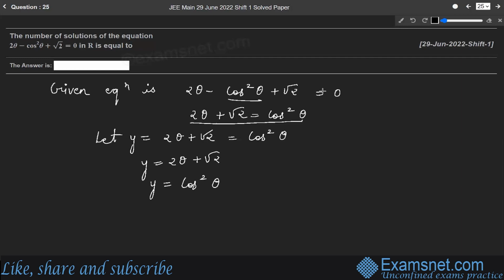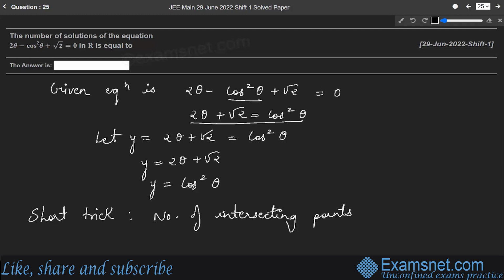Now, there is a very short trick to identify the number of solutions for this kind of equations. Do you know what the short trick is? The short trick is that the number of intersecting points will be equal to the number of solutions of the equation.